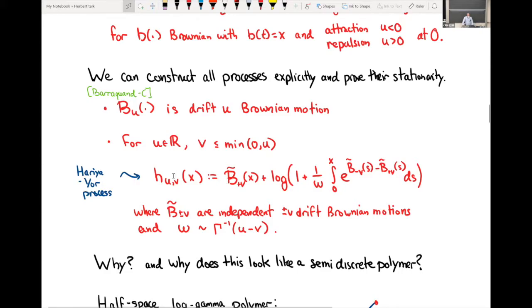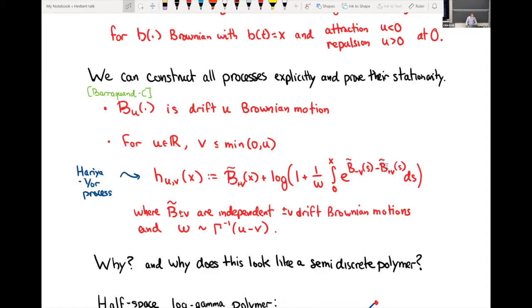So the invariant measure takes the following form: you have a drift v Brownian motion, and then you have the logarithm of 1 plus the inverse of this inverse gamma. I guess I could have just written it as a gamma. And then the integral from 0 to t of the difference of the negative drift Brownian motion and the positive one. Now, if you remember from Neil's talk, this is exactly like the two-layer O'Connell-Yor semi-discrete polymer, in the sense that you have these two Brownian motions, and at some point you jump between them and you're looking at these increments.